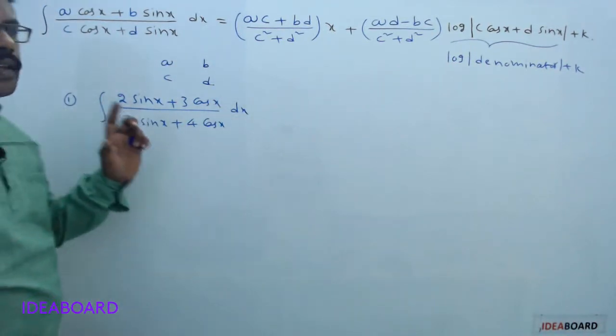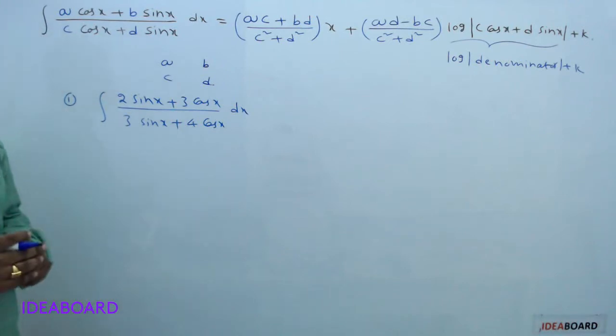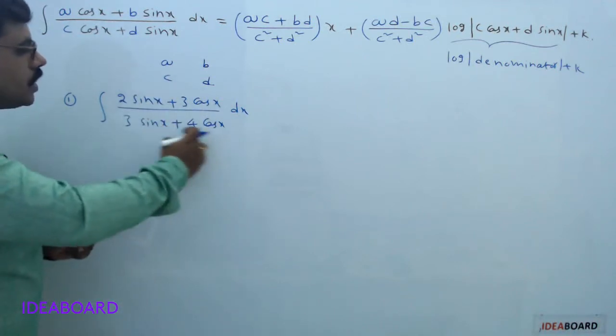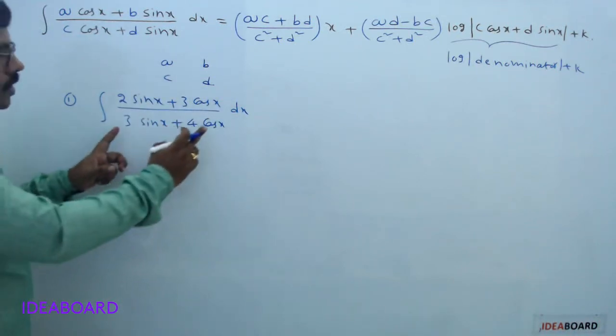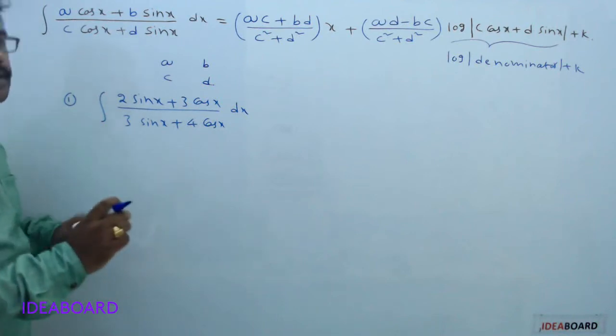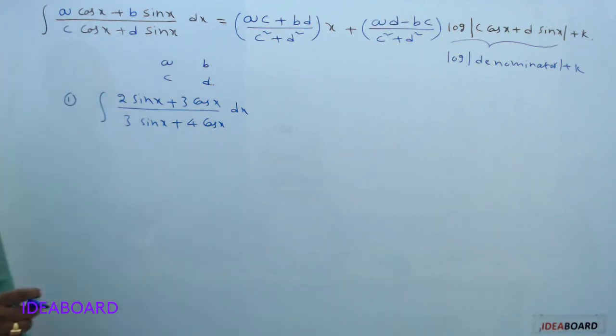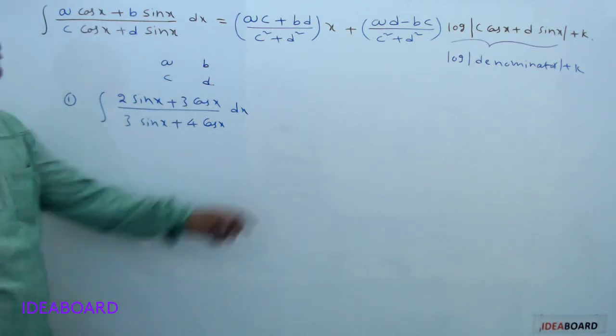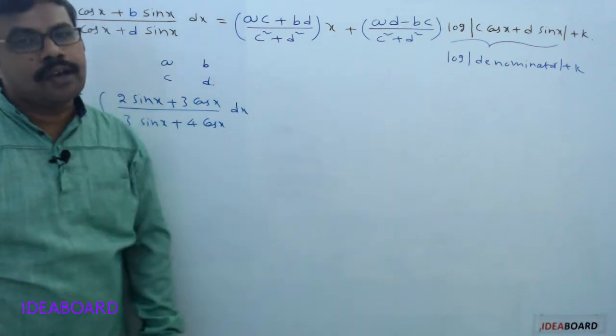This is your given problem. How to evaluate this integral? First you have to observe the structure of this integrand. Here the structure is not in our standard form, so first you have to rearrange the terms, then apply this shortcut formula.